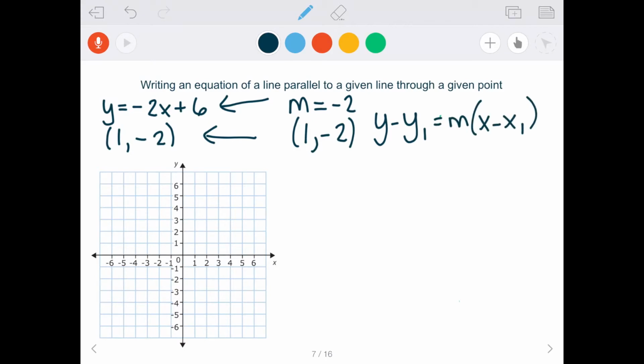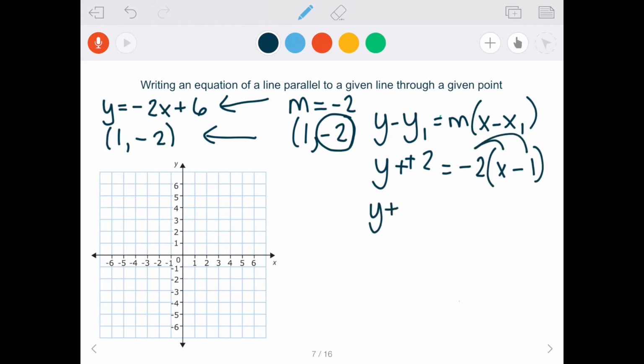So here we go. y minus y1 is -2. So if I subtract a negative, that means it's going to be positive. The slope is -2. x minus x1. All right. Distribute. And simplify.